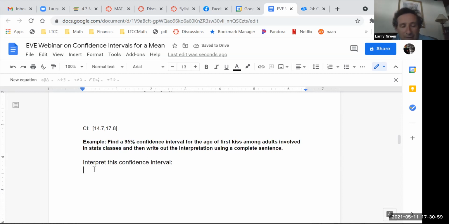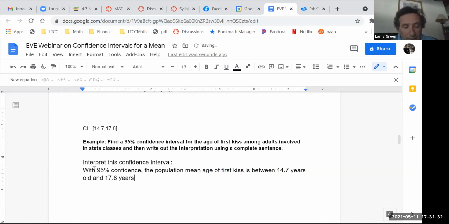And what we say, let me write it out, is: with 95% confidence, because that's what we used, our CL was 95, the population mean age of first kiss is between 14.7 years old and 17.8 years old for those involved in stats classes.